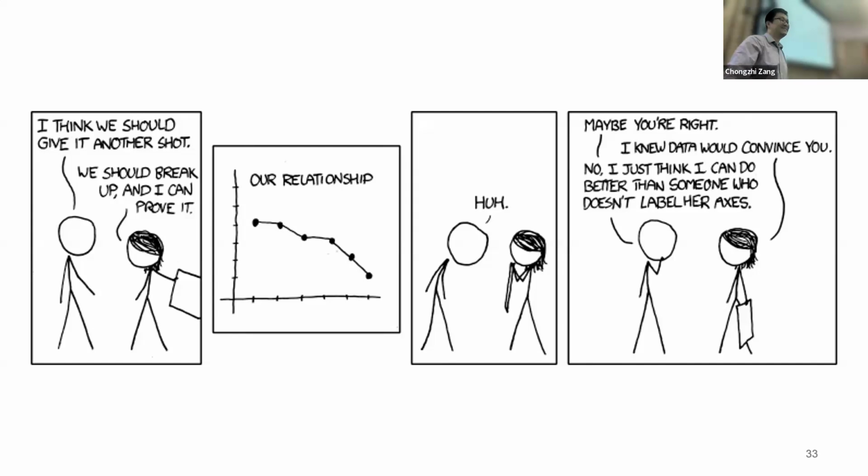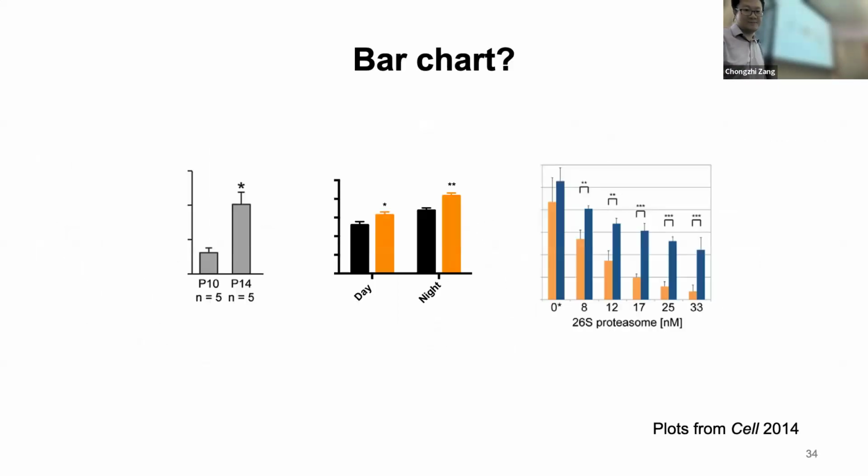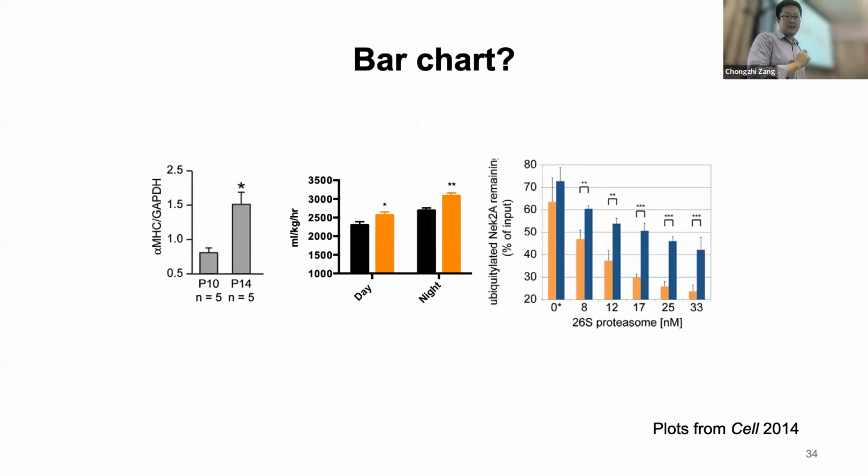Okay. Always remember to label your axis. Okay, so once we see the label, do you see other problems with this data representation? So now I show the labels. These are actual figures from a Cell paper.